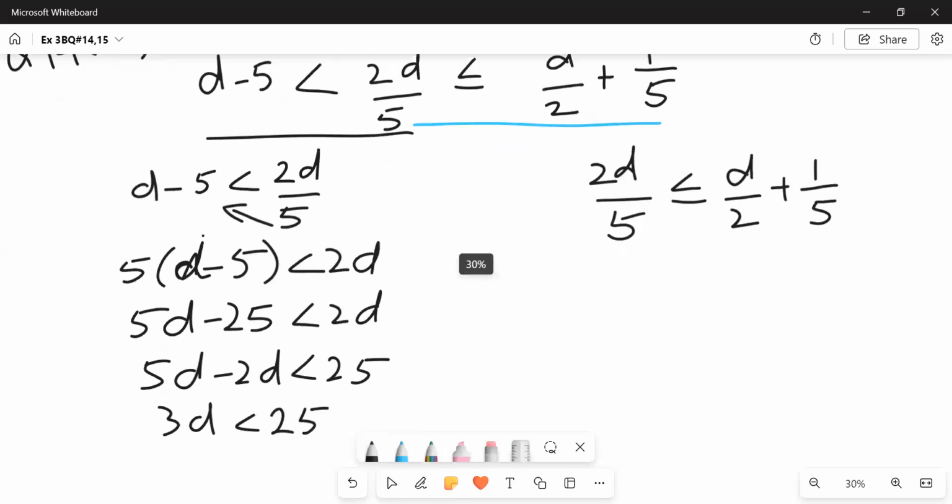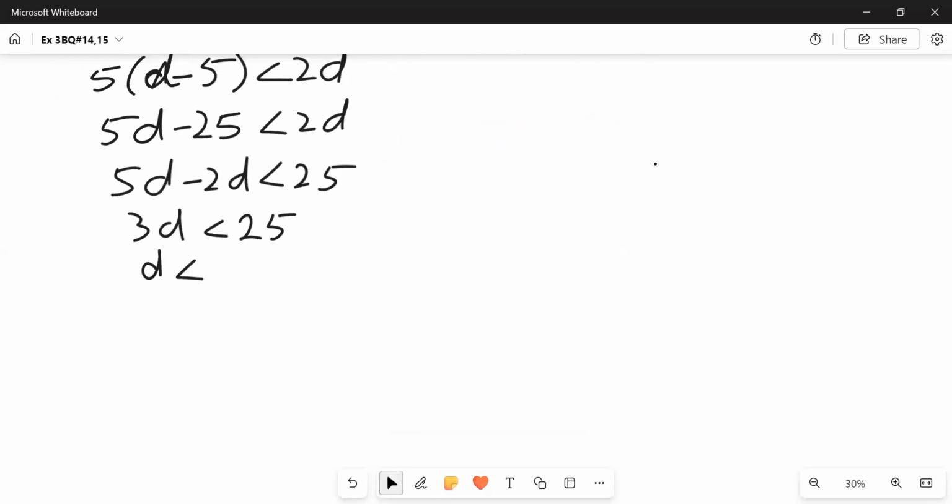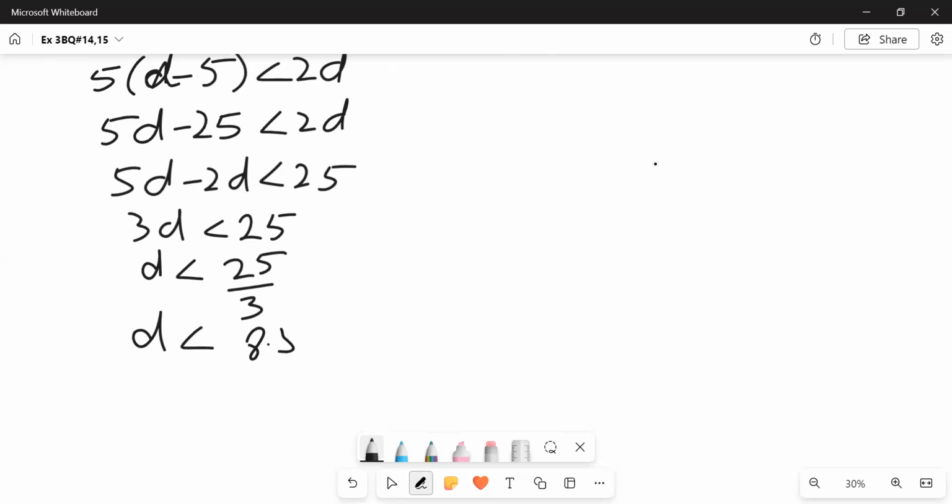Now you can divide by 3. To find the value of D, 25 divided by 3 is 8.3.